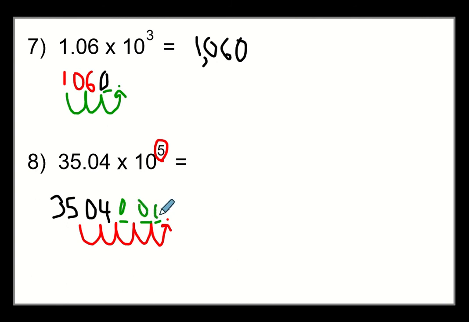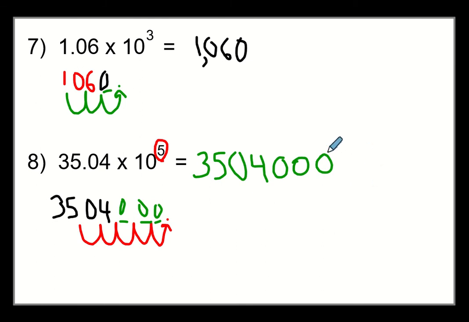I must plug in those zeros, because with those zeros, I actually end up with, well, first let me write these digits in order, and then we can place our commas where they should go to help us better read the number that we just created when we multiplied 35 and 4/100 times 10 to the 5th power. And so, move that over just a wee little bit.